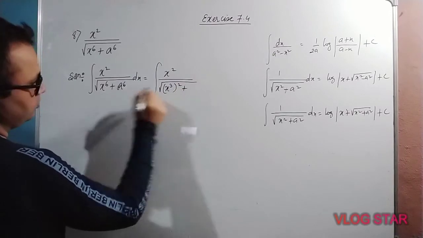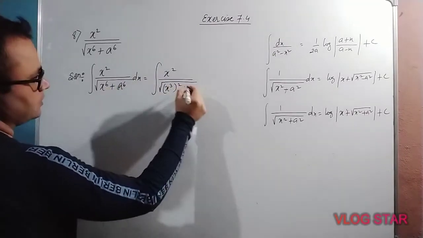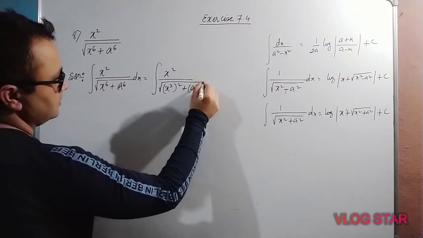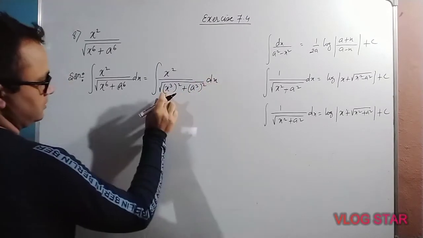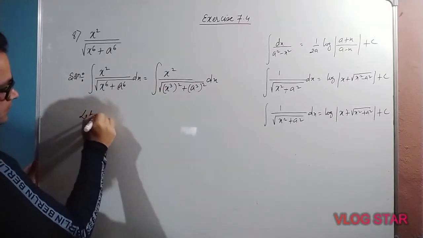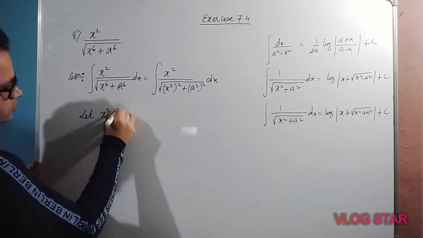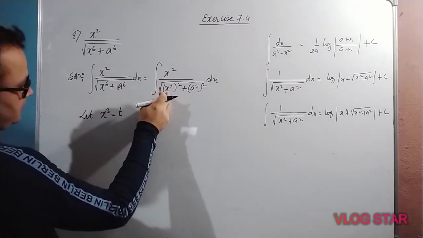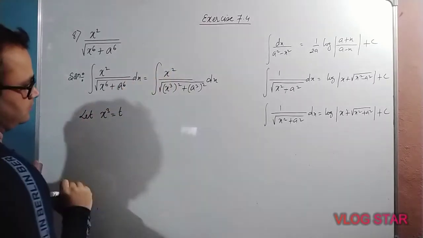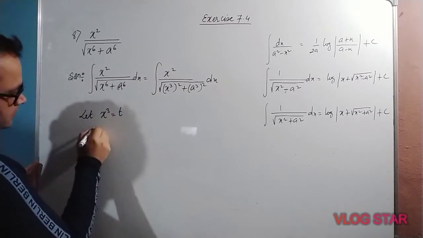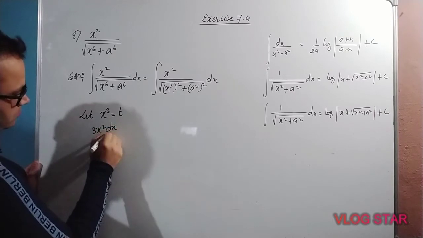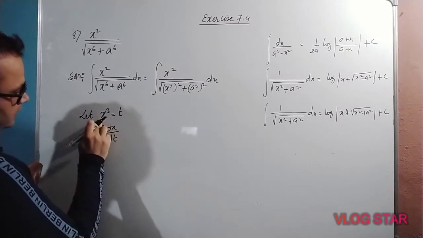Similarly, a to the power 6 can be written as a cube whole square. Now take x cube as substitution. Let x cube equal t, because the differentiation of x cube is 3x square, and x square is there.